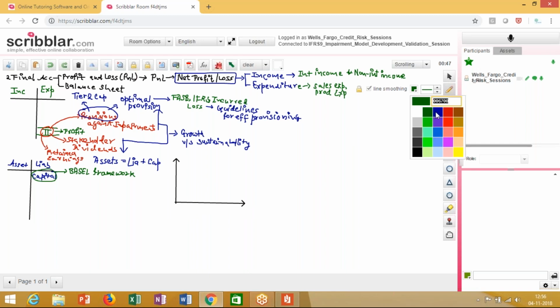Over here you would have time, and here we have the loss values, and here we have the relative frequencies of the loss distribution.